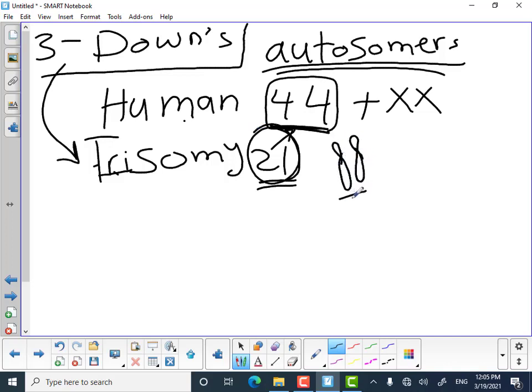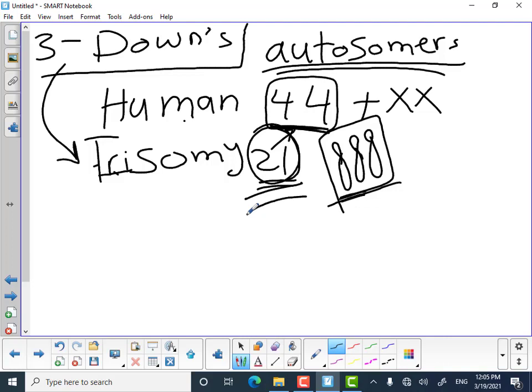In chromosome 21, we have a third copy due to abnormal division of the autosomes.